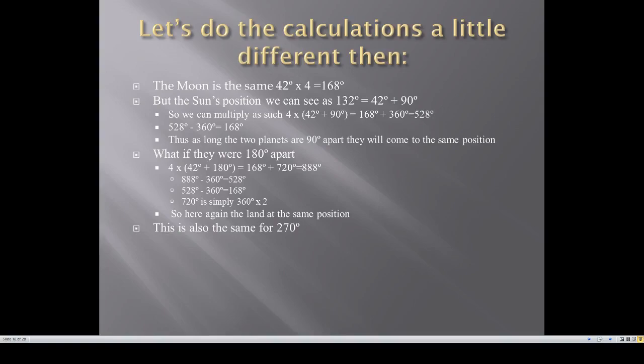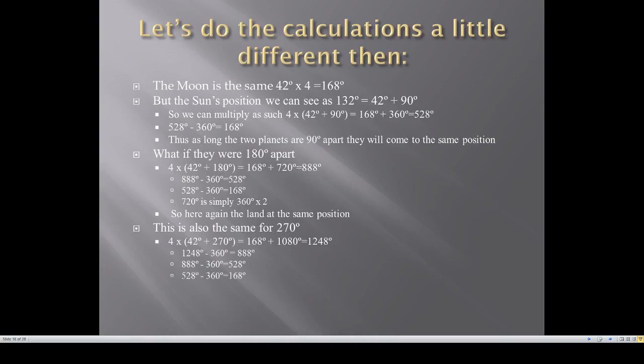To skip to the punchline, this is also the same for 270 degrees. So 4 times 42 degrees plus 270 degrees is 168 degrees plus 1080 degrees, for 1248 degrees. We subtract 360 degrees once for 888 degrees. We subtract it again for 528 degrees.